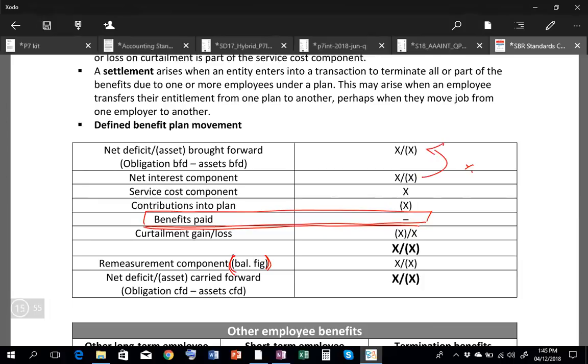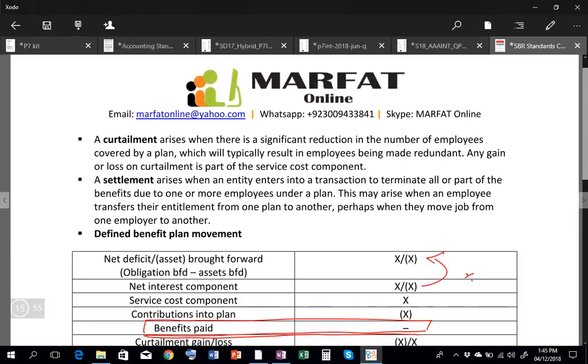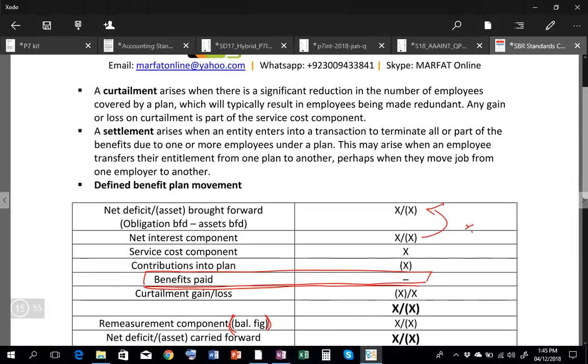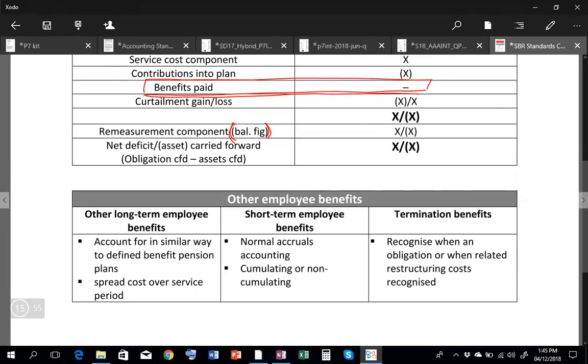If there is curtailment, for example, if there are redundancies, there's a significant change in the plan and the number of employees are going to be less, then there is the curtailment gain or loss. That should be recorded as well. And then you have this component. So make sure when you are expecting this standard in the exam, it is IAS 19 Employee Benefits.